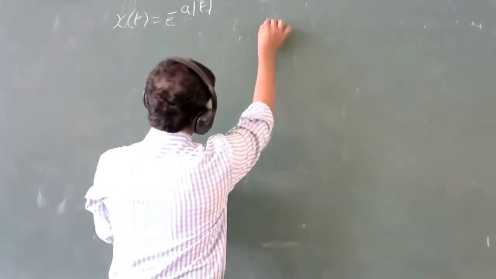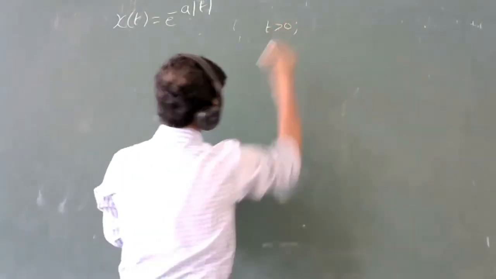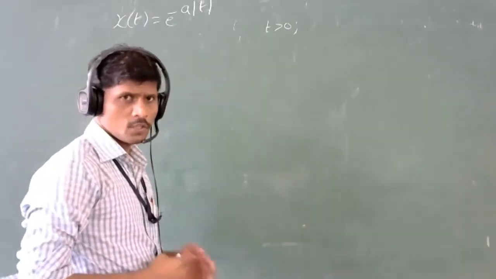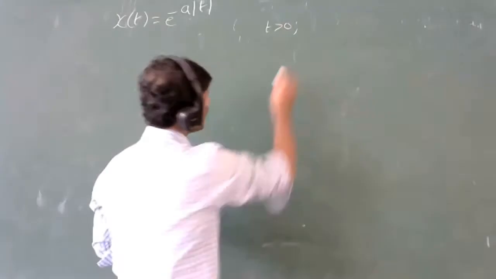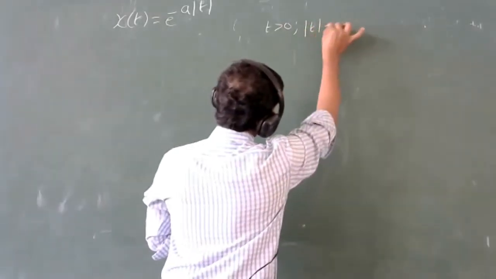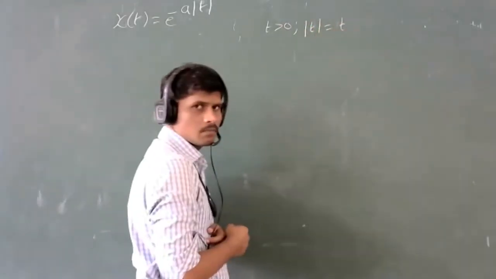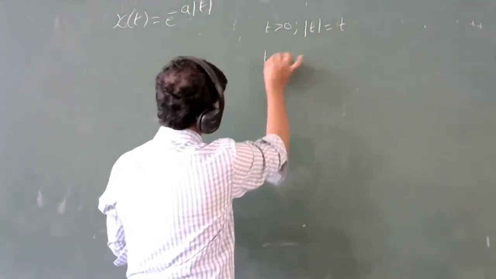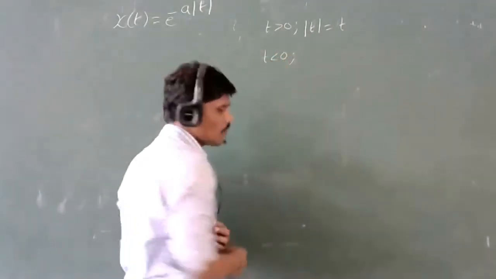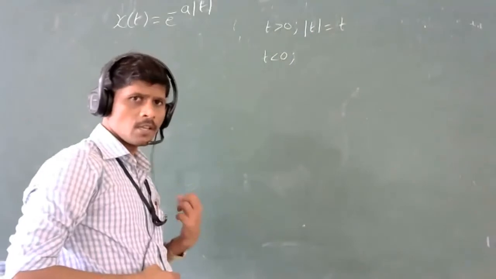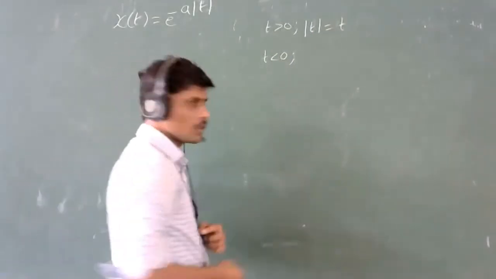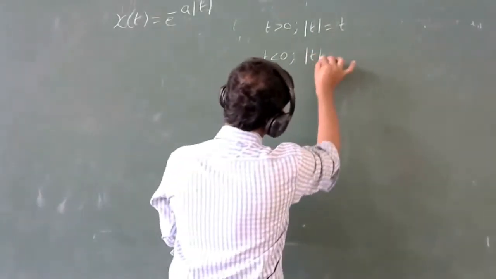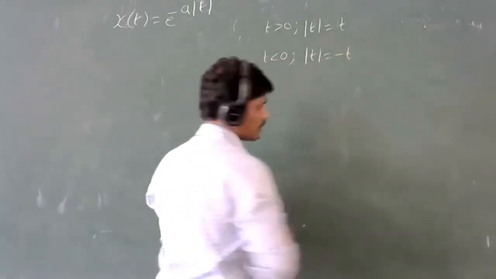So t greater than 0 means positive values, 0 to infinity, and magnitude of t is t. And t less than 0 means negative values, negative x-axis, minus infinity to 0, and magnitude of t is minus t.